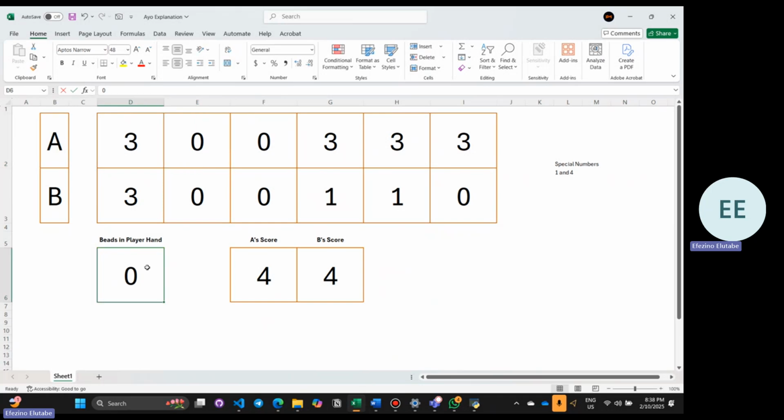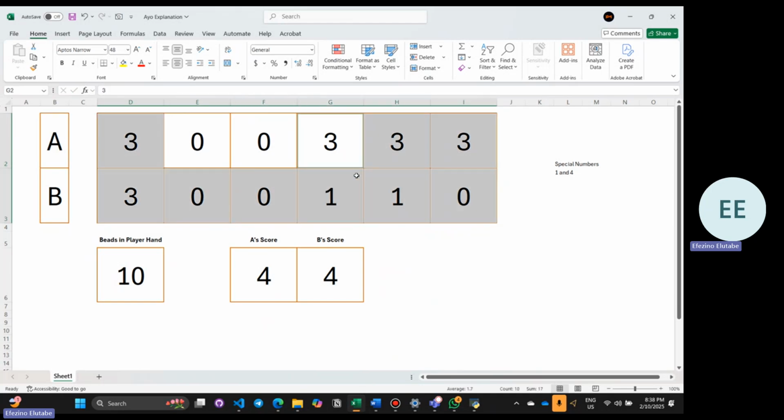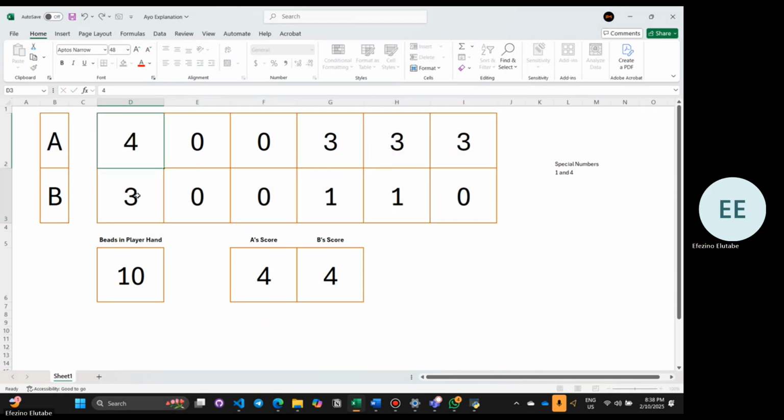He collects this, puts them in his hand, and distributes them over the next 10 cells. So 1, 2, 3, 4, 5, 6, 7, 8, 9, 10 are going to get incremented by 1, right? So this becomes 4, 4, 1, 1. This becomes 2, 2, 1, 4, 4, 4.